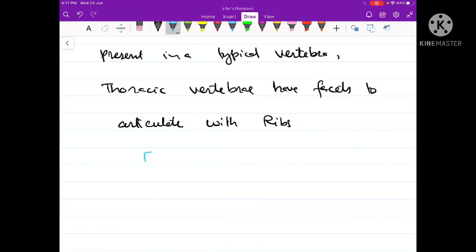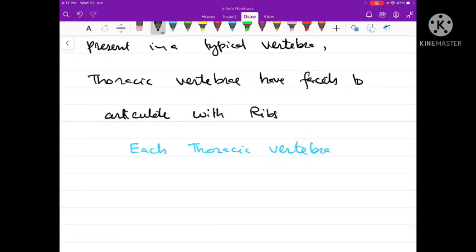And we will note this point as well, that each thoracic vertebra articulates with 2 ribs, one on one side and another on the other side. So each thoracic vertebra will be connected with the two ribs, right? So this was about the thoracic vertebrae.